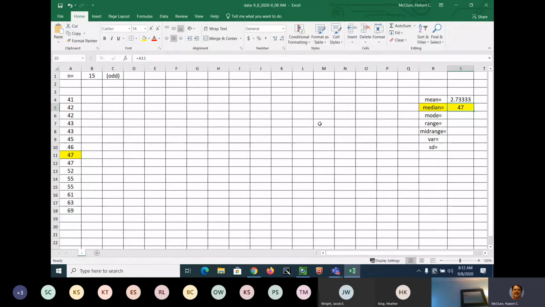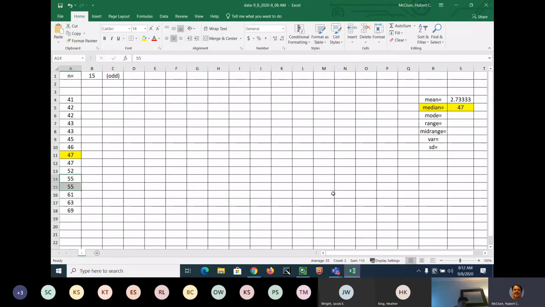Mode, I really don't care about, but let's see. Looks like we got a couple, let's say 42, 43, 47, and 55. Looks like we got 4. Is there any that show up 3 times? Because that's twice, that's twice, that's twice, and that's twice.